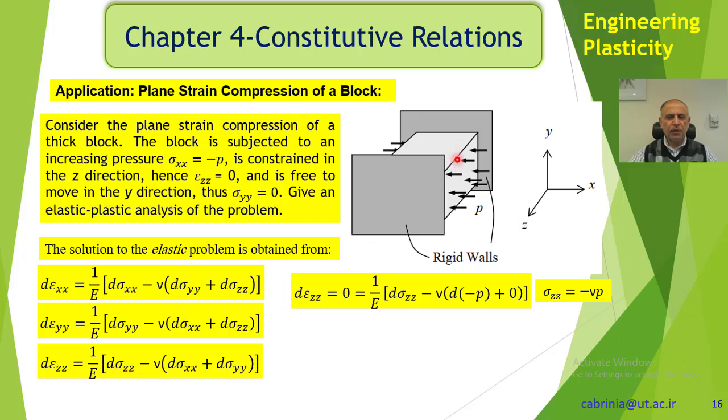Because the material is hindered from moving in the z direction, there must be some stress in the z direction. And sigma xx we have said is equal to a compressive pressure p, which is shown here by a minus sign, and sigma yy is 0 because the material is free to move.